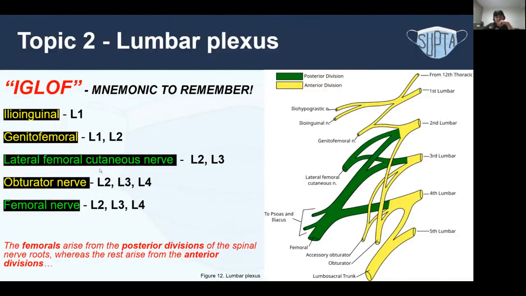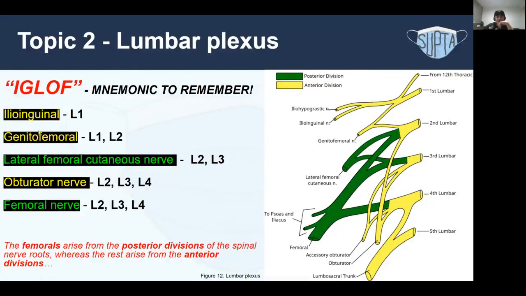The lateral femoral cutaneous nerve is purely cutaneous, meaning it's only for sensory innervation. So it's not as relevant, but you should know it. L2, L3. The way you can remember this is you're going from L1 at the very top all the way down to L4, and as you go along, you pick up more nerves along the way. That's how you can remember L1, then L1, L2, then L2, L3, then L2, L3, L4, and that's the same for the obturator and the femoral.